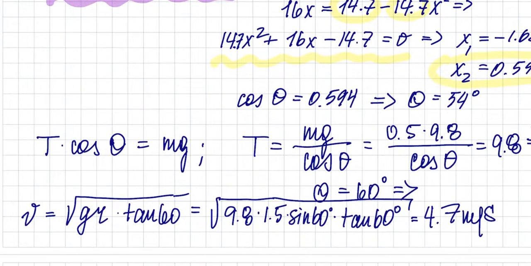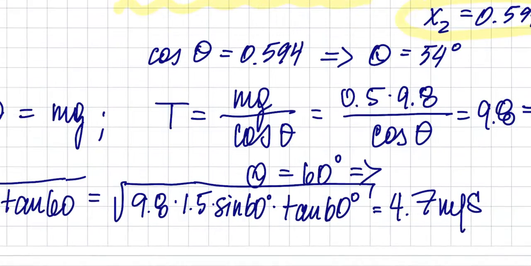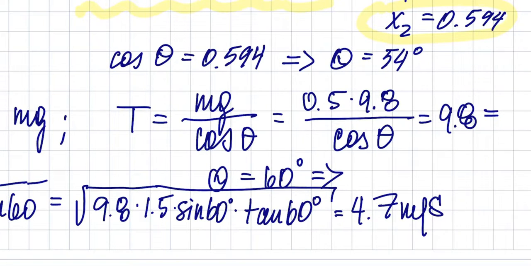So, right here, T, which is tension, times cosine of theta is going to be mg. Therefore, tension is going to be mg over cosine. Now, mg is 0.5 times 9.8 over cosine equals 9.8.